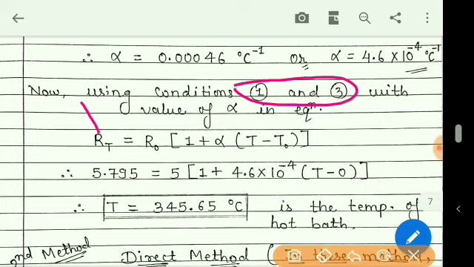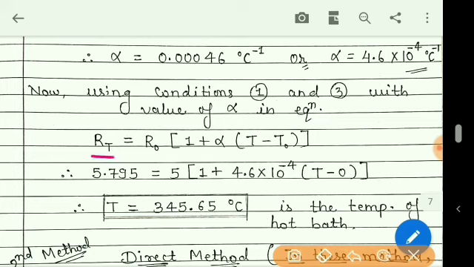So RT, temperature T, R naught, temperature T naught, and alpha, which we have obtained here. Now here all the values are given.